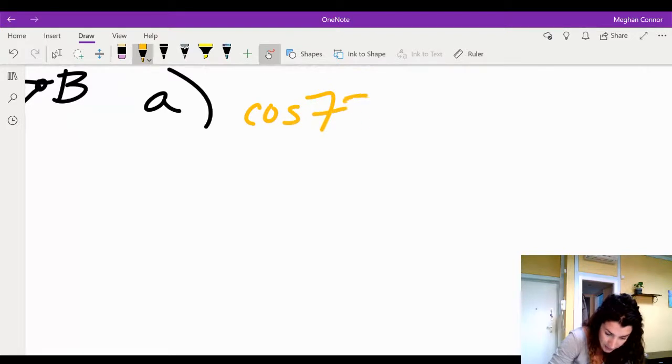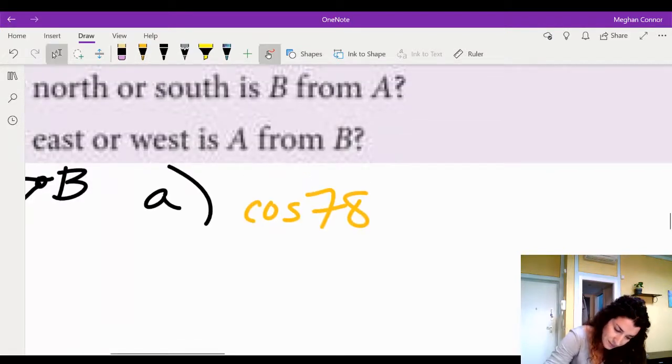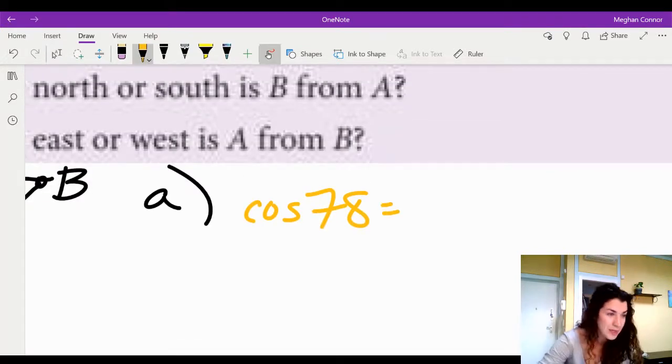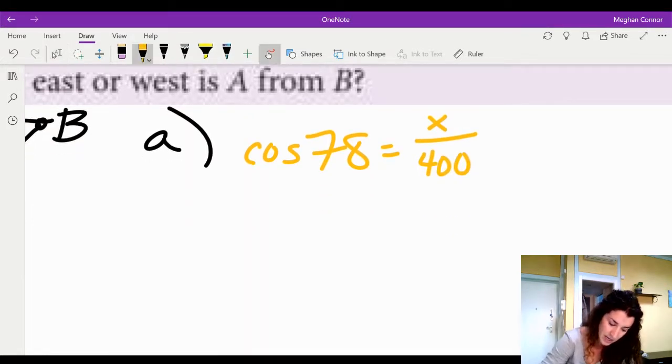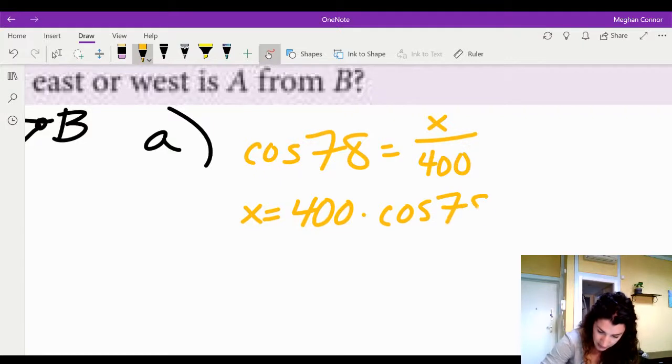Cosine of 78 is equal to the adjacent, which is x, over the hypotenuse, which is 400. Solving for x, I multiply both sides by 400. I get that x equals 400 times cosine of 78.